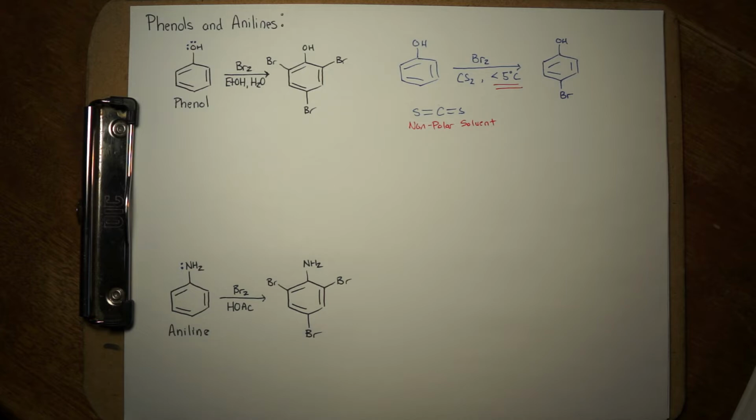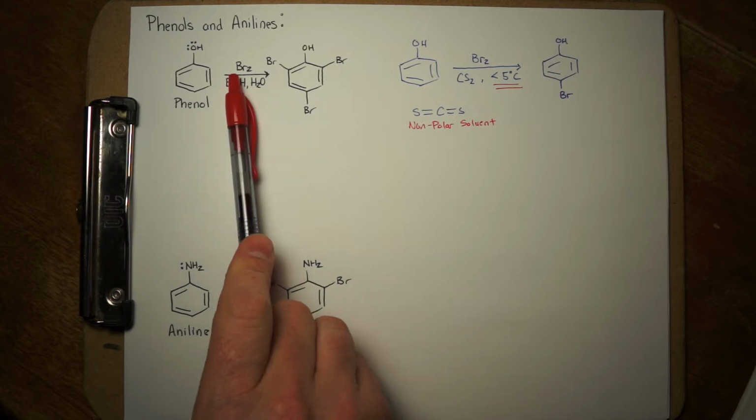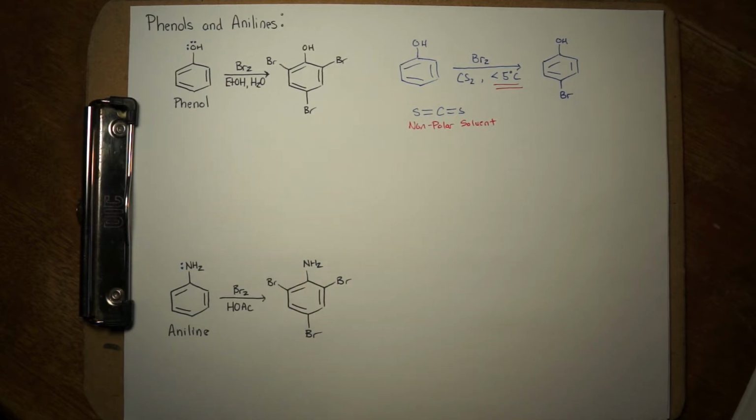When we cool down reactions, we're slowing down how fast those molecules are moving and how often they interact. And therefore, we're going to slow down the rate of the reaction. Right, so that solves our problem with polybromination of phenol.